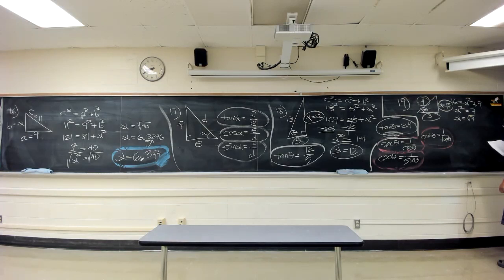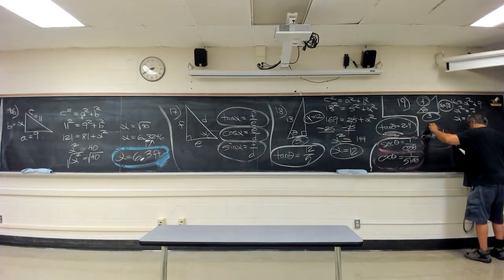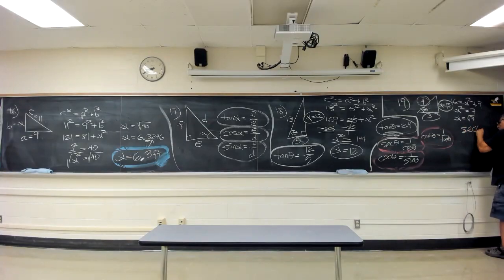Secant of theta is 1 over the cosine of theta. So they want the secant of theta, they want the cosine of theta, and they want the cotangent. Secant of theta is the multiplicative inverse of the cosine of theta.